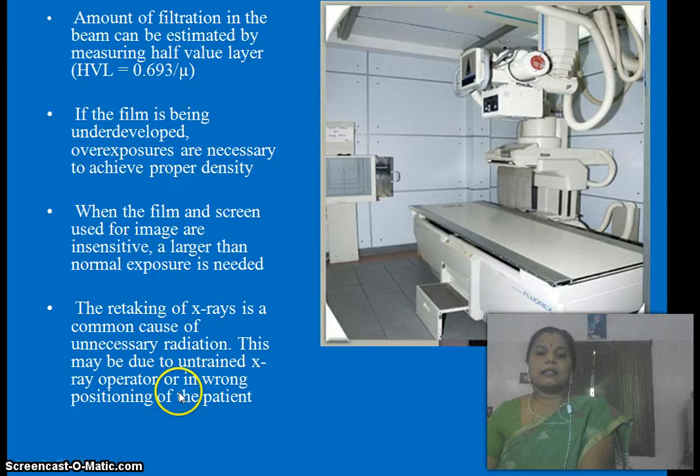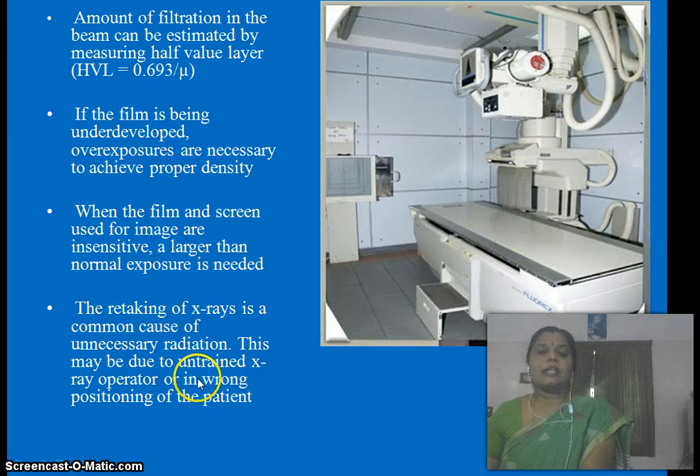And the fourth factor is the retaking of X-rays, that is the repetition of X-rays to a patient, which is the major cause of unnecessary radiation. Why does this retaking happen? This may be due to an untrained X-ray operator, wrong positioning of the patient, or some other problem in the X-ray machine.